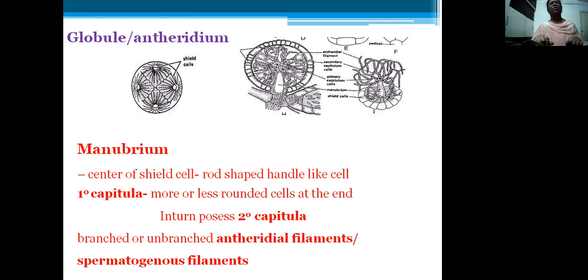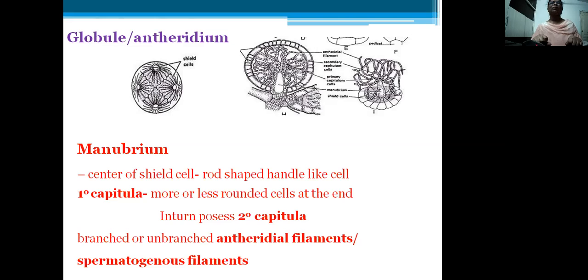The outer layer is made up of shield cells, the middle layer is made up of manubrium, and the inner layer is made up of primary capitular cells. These primary capitular cells again give rise to secondary capitular cells, from each cell of which certain hair-like filamentous structures arise. They are called the antheridial filaments.